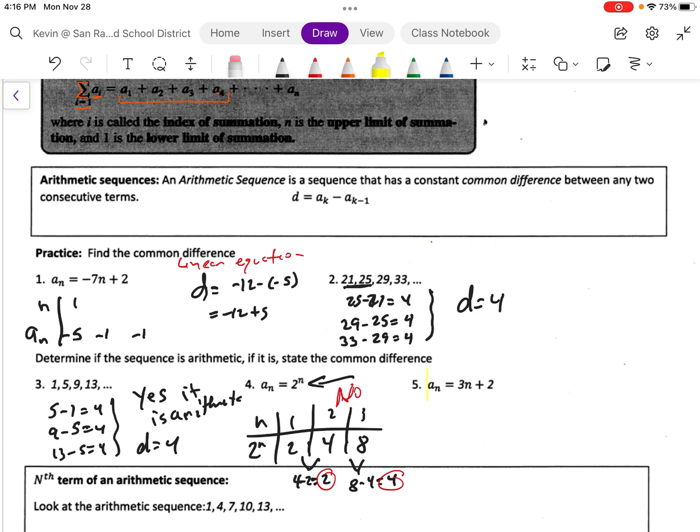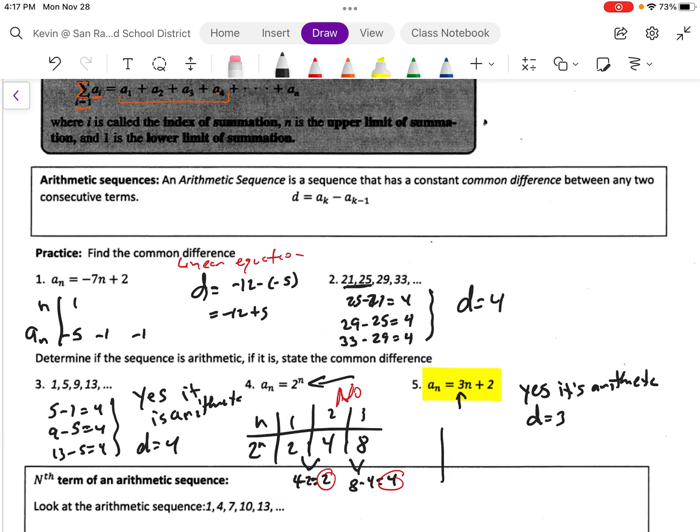Come to the last one, number 5: a sub n equals 3n plus 2. Number 1, it is a linear equation, so yes, it's arithmetic. And then what is our common difference? Like we said before, that would be this value here, so d equals 3.